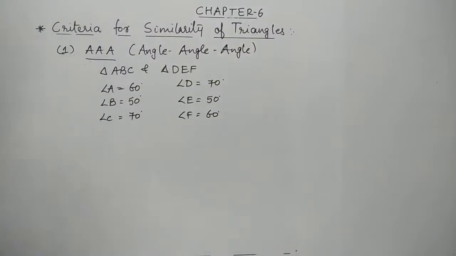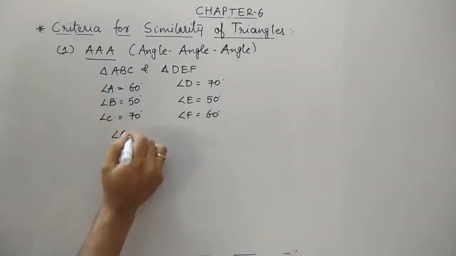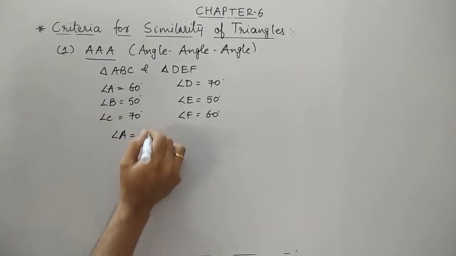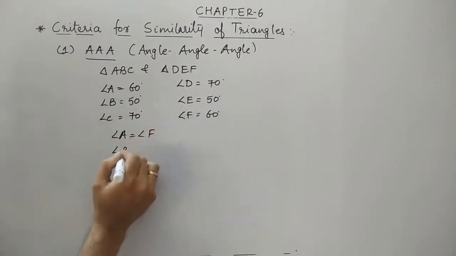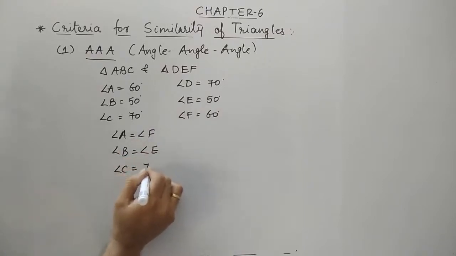So we can see here that angle A equals angle E... angle A is equal to angle F, angle B is equal to angle E and angle C is equal to angle D.